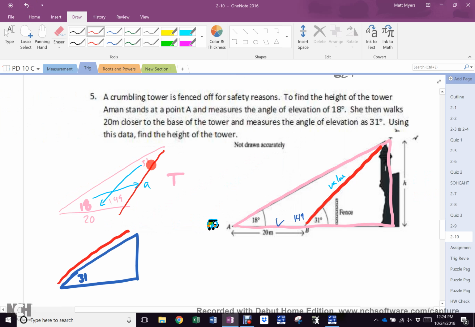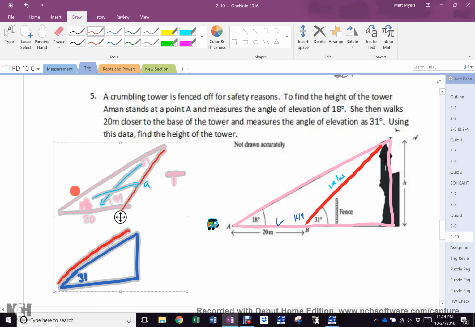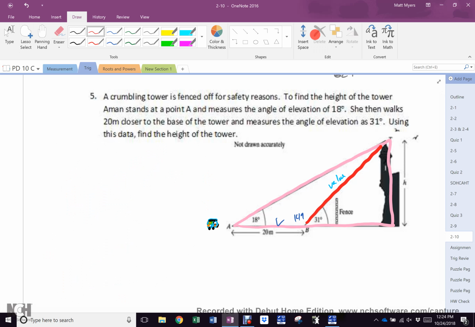Selena told me 31, and I assumed she subtracted. No, of course not. It's 13. Okay, everyone, stop.